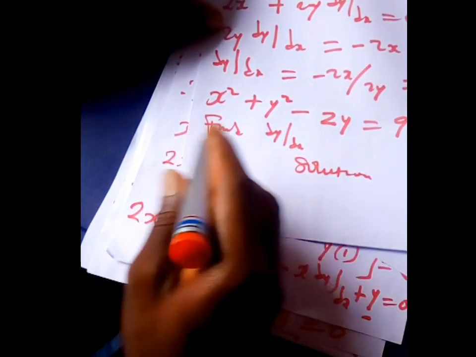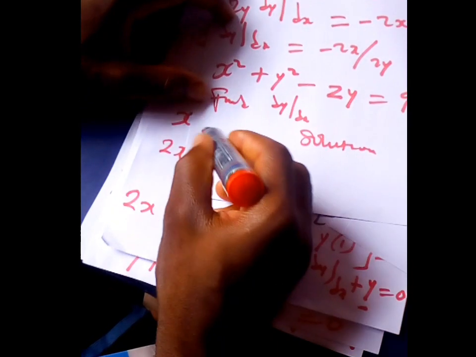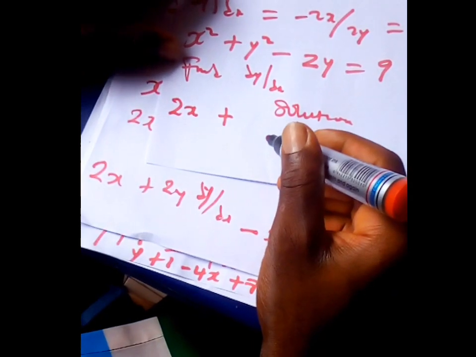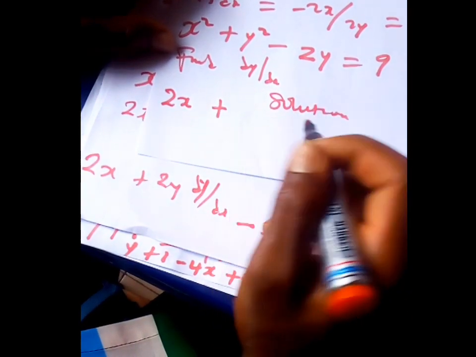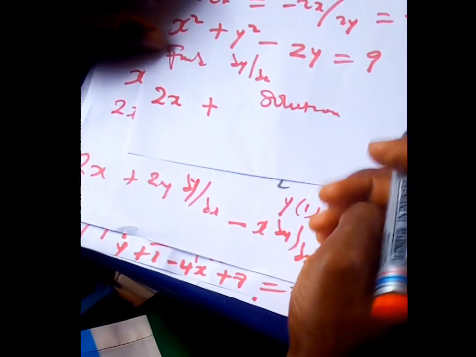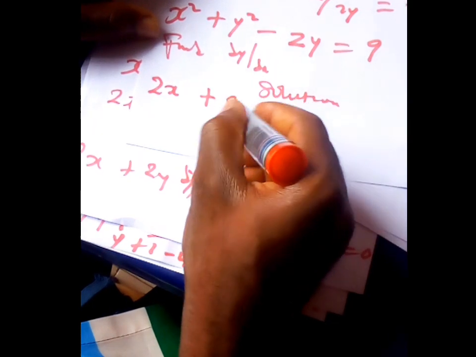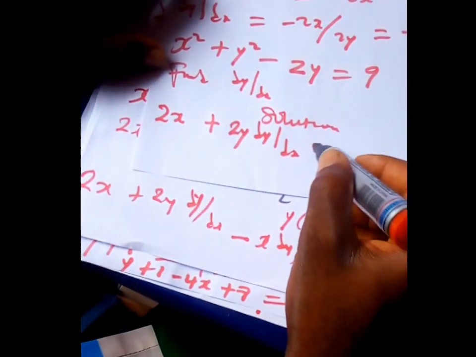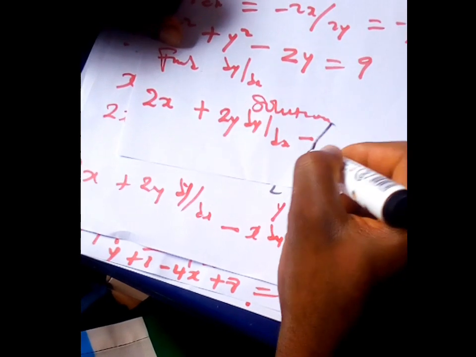Solution. Finding the derivative of x squared: the derivative of x squared is 2x, plus the derivative of y squared. Always remember that whenever you are differentiating a variable y, you attach your dy dx. Differentiating y squared will be 2y dy dx, minus differentiating x companion y.